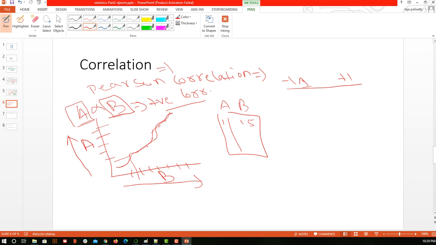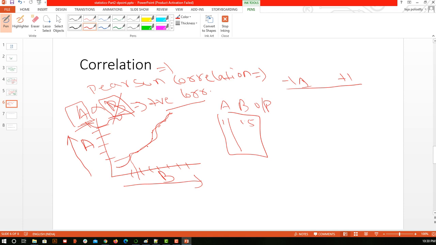Suppose in my dataset I am using both A and B to find the output. How is this helping? Since A shows a similar trend to B, I can say that even if I remove B, when A is increasing, my output is getting affected, because A is increasing, B is increasing, and my output is also getting affected.